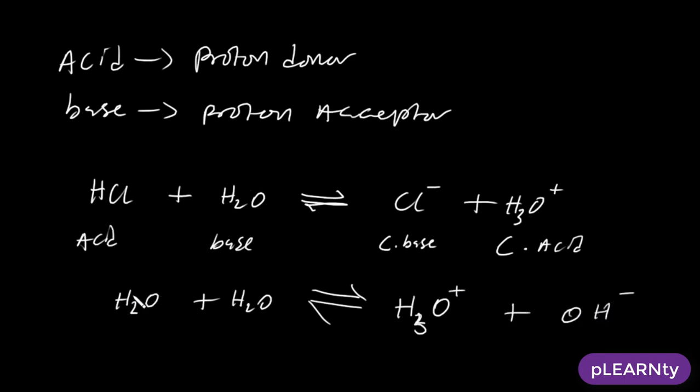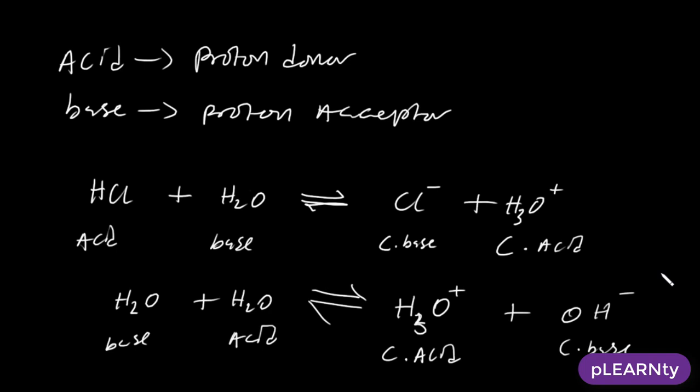Let's say this one accepted a proton here, and this one is donating the proton. If this is donating the proton, this is the acid and this is the base, and we're having this which accepted a proton from this acid. So this is the conjugate acid and this is the conjugate base. So that is the Bronsted-Lowry definition.